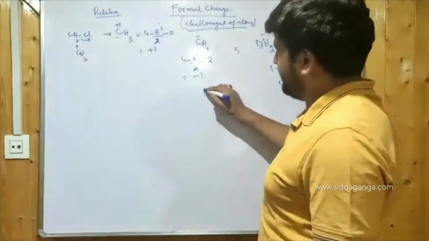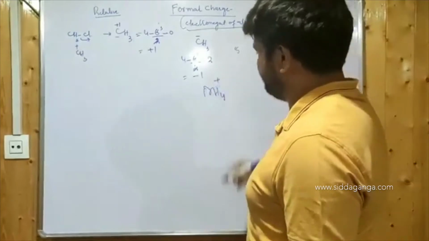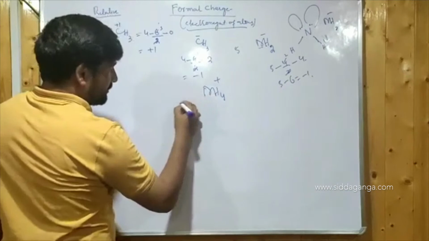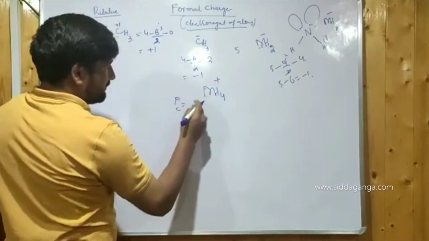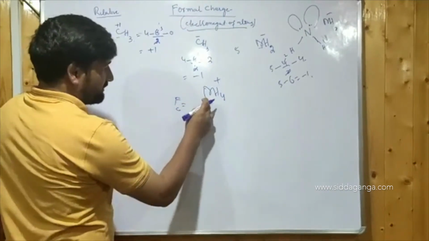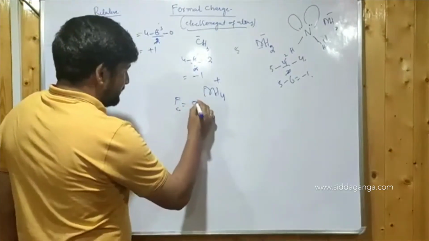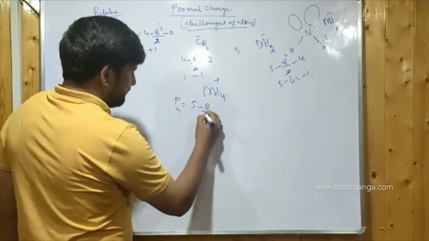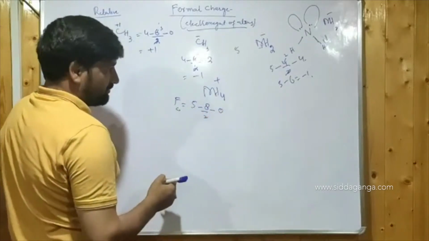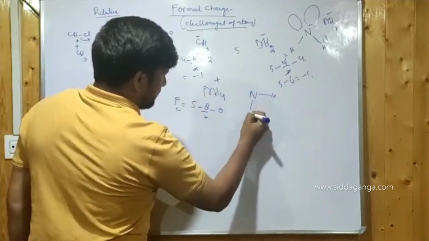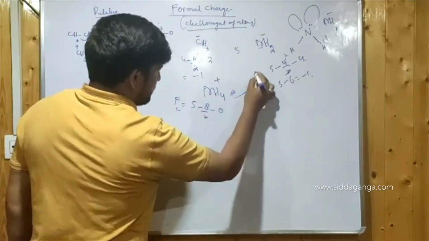One more cation we will take, NH4 plus. Yes or no, children? NH4, formal charge on nitrogen will be faster. Nitrogen, valence electrons, quick, 5, shared, 8 by 2, minus unshared, 0. You can have a look at that. Nitrogen had 1 lone pair donated to hydrogen. You got hydrogen, you got hydrogen, you got hydrogen.